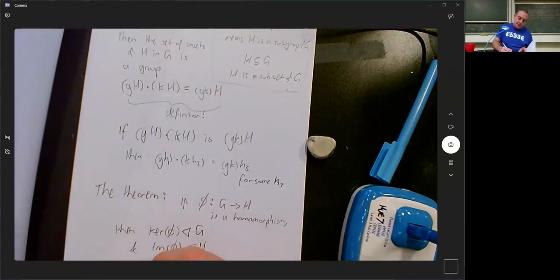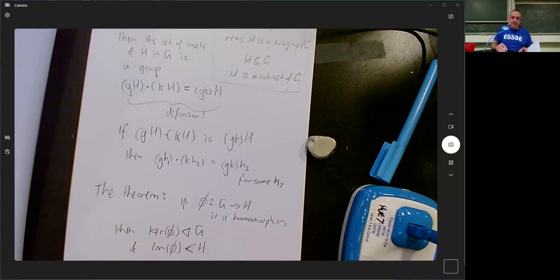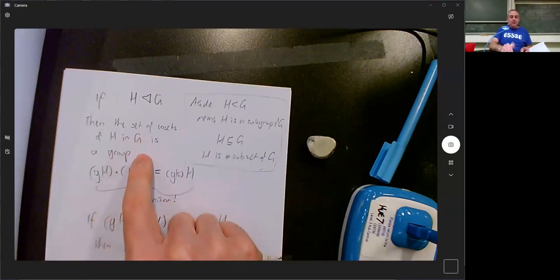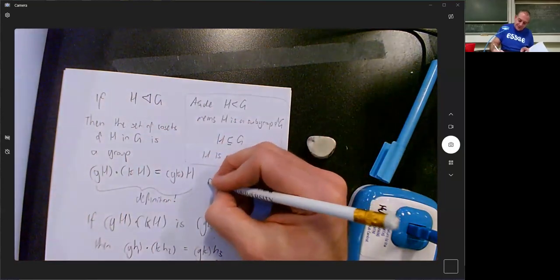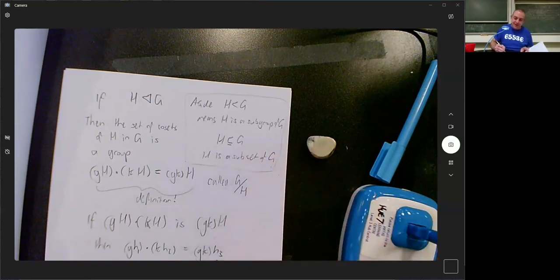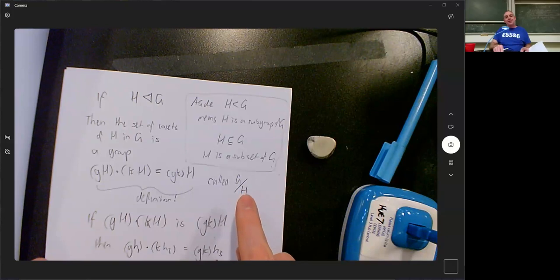And oh crap, the set of cosets is a group, and it's called G quotient H. That is the name of the group made of the cosets.